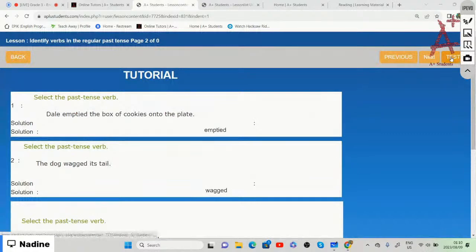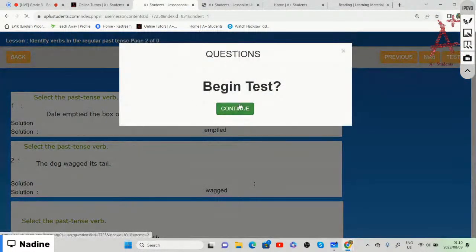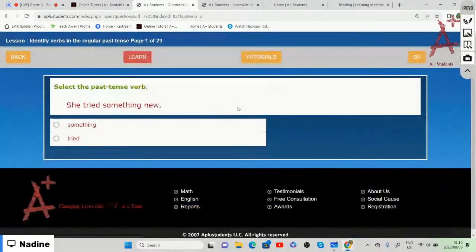All right, let's do a little test. Remember we said that with regular past tense verbs, we basically add an ed to the verb, right? To show that it has happened already. She tried something new. We need to select the past tense verb.